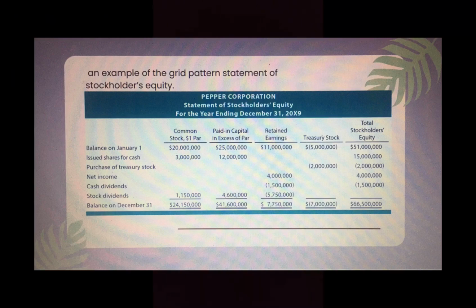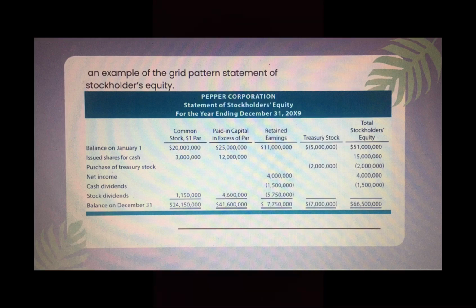At the end of the period, we have 24,150,000. As we notice, we have an increase of 4,150,000. It's because of the additional issued shares for cash for 3 million and a stock dividend for 1,150,000 that makes it 24,150,000 at the end of the period.